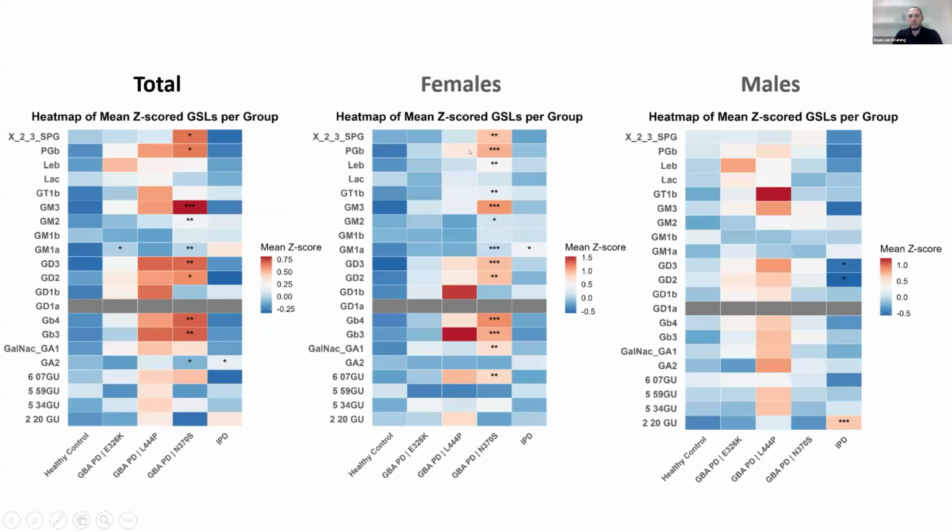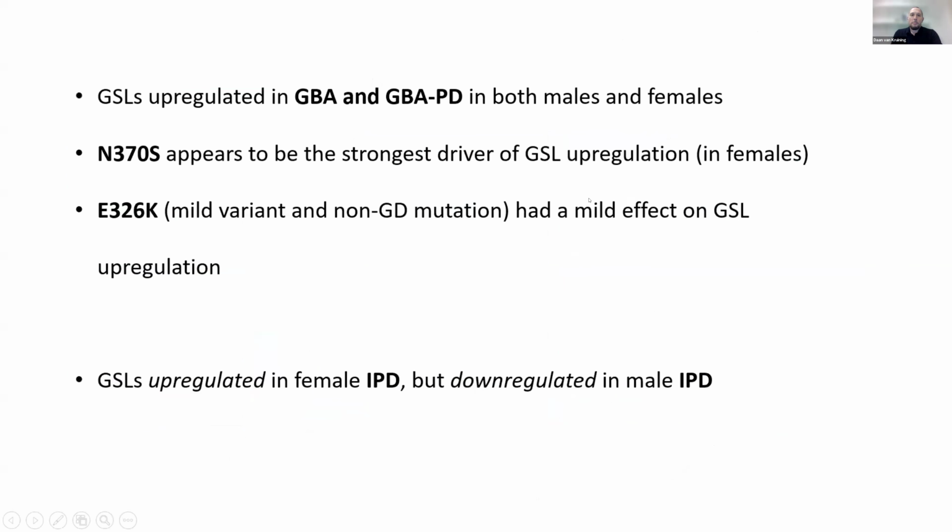Again, this is most prominent in the females here. So, as a summary, we saw that the GSLs are upregulated in GBA and also GBA-PD in males and females. 370S might be the strongest. But interestingly, we saw a differential effect in IPD.